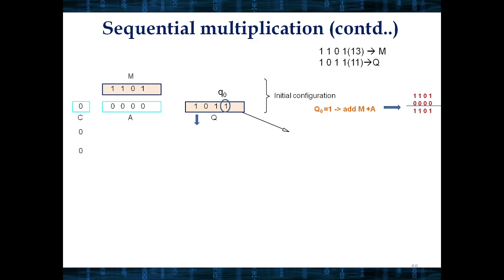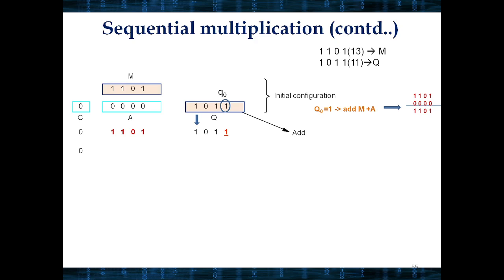When you add this you will get 1101, and you write the result in register A. So now register A value is modified. The multiplier value we copy as it is.